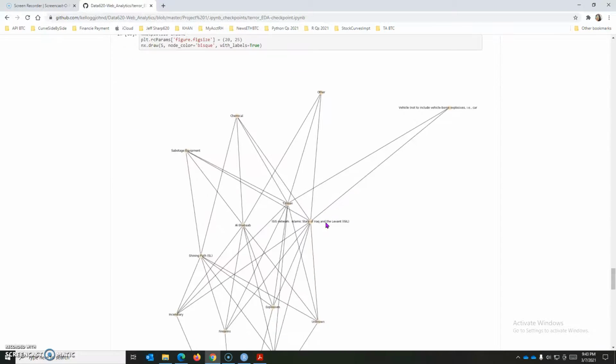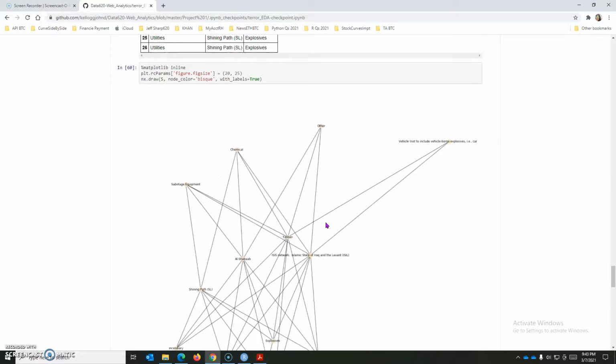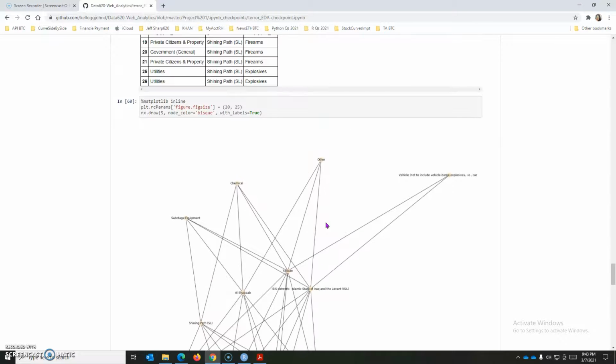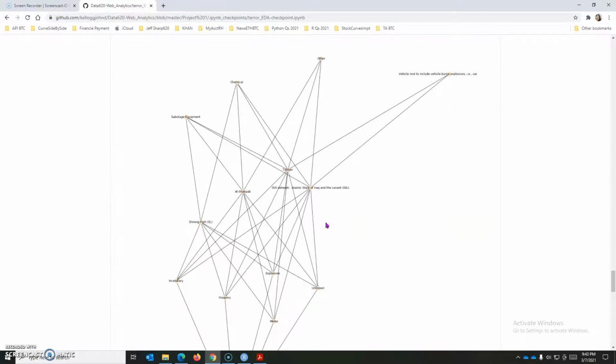And here is the visualization of the third network, and we can see that the explosives and firearms are in the center. That's in terms of the weapon types, and in terms of the terror groups, Al Qaeda and Taliban are in the center.